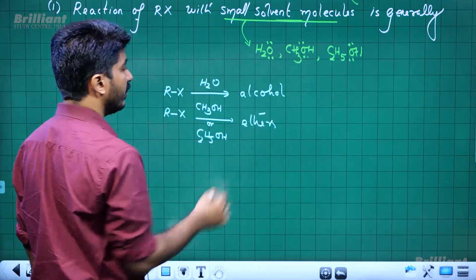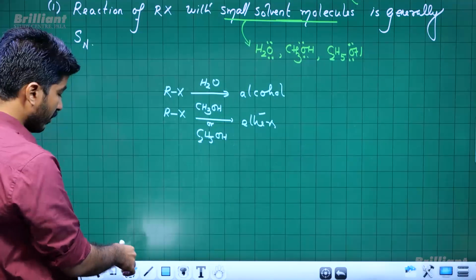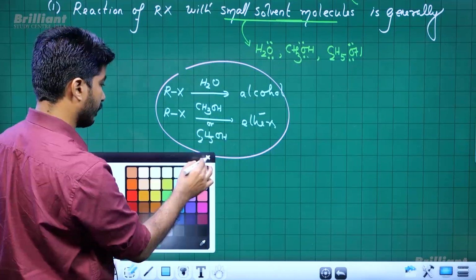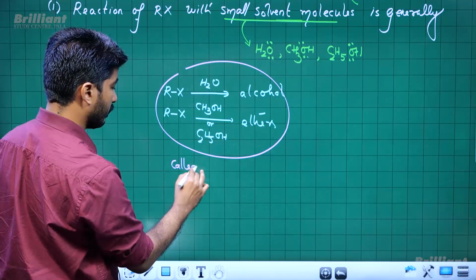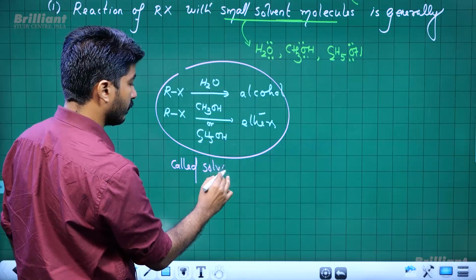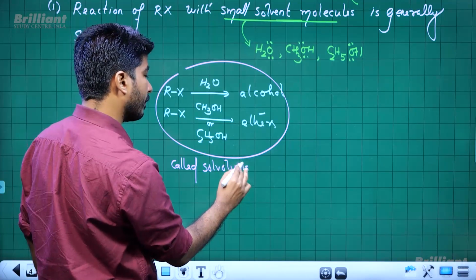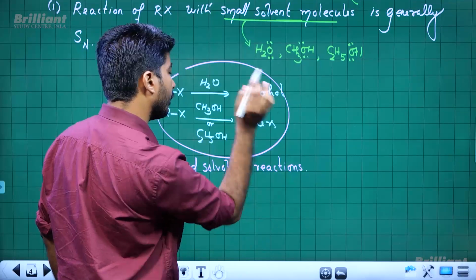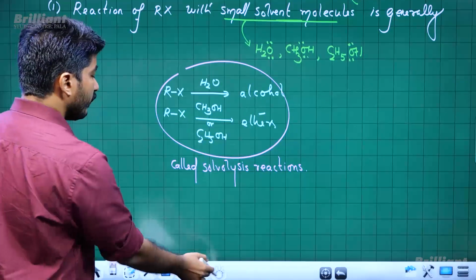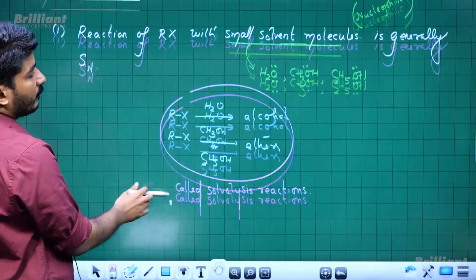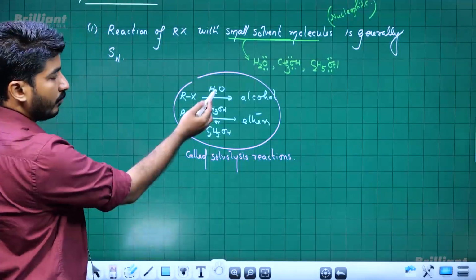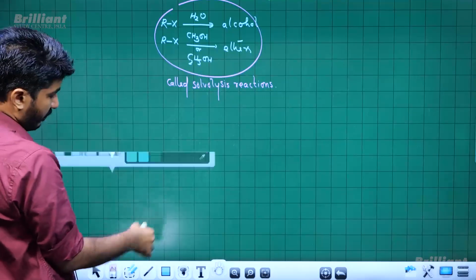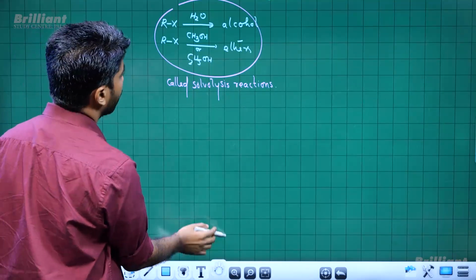These are the products. And such reactions are generally called solvolysis reactions. So in solvolysis, using these solvents, we will be getting SN as the type of mechanism.